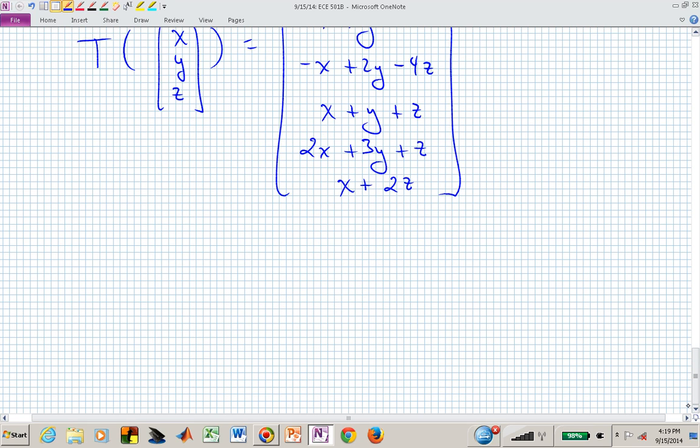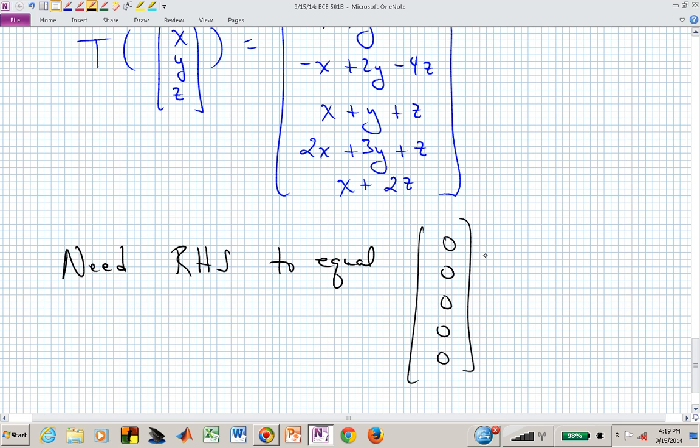For the null space to be non-trivial, we need the right-hand side to be the 0 vector for some v in R3, where v is (x, y, z).